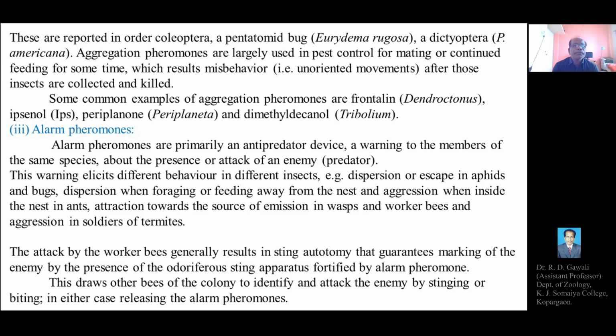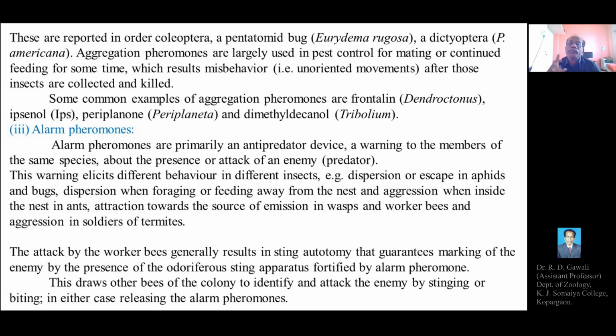The attack by the worker bees generally results in a sting autotomy that guarantees marking of the enemy by the presence of the odoriferous sting apparatus fortified by alarm pheromone.